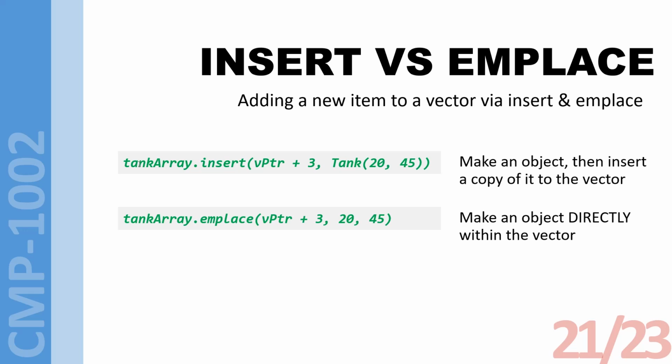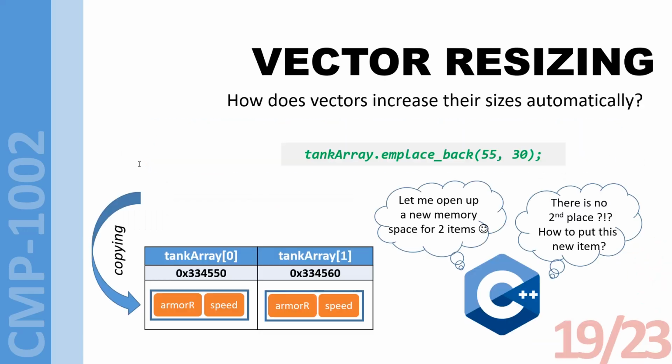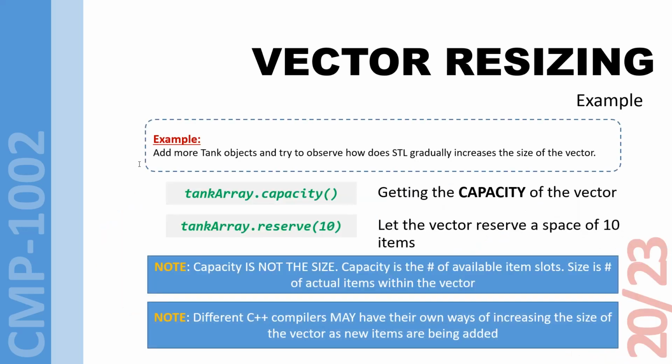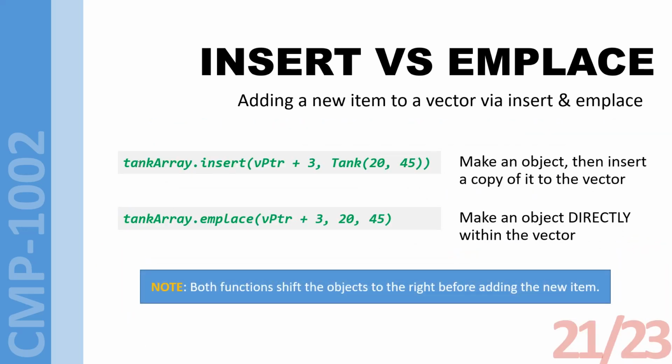As you can see, I just write down all the arguments of the parameters. I'm not writing down Tank within parentheses here, both in emplace and in emplace_back. I just write down directly the items that the constructor is expecting from me. Okay? So be careful about that.